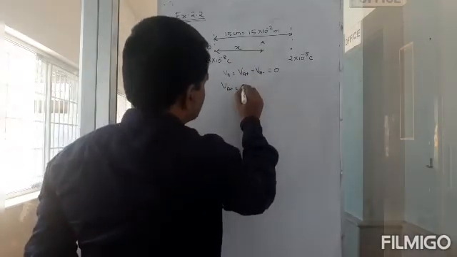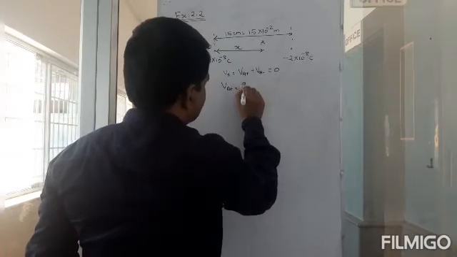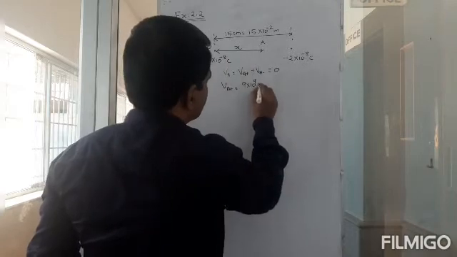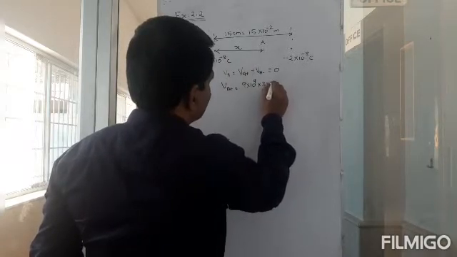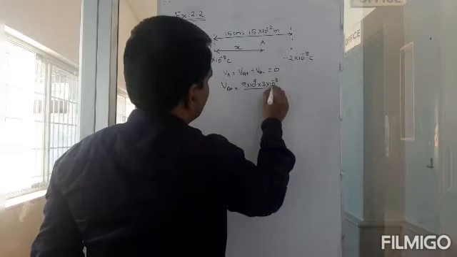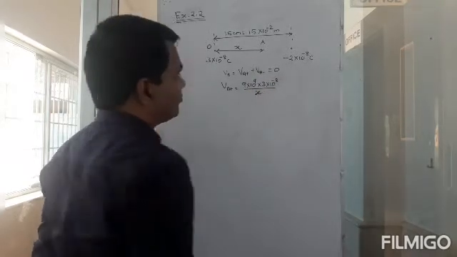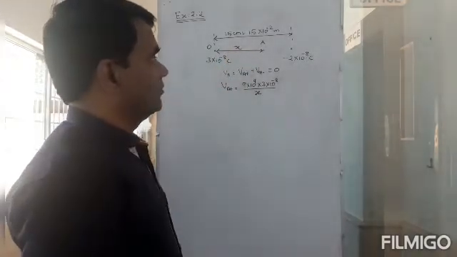So K is 9 into 10 power 9. What is Q? Q is 3 into 10 power minus 8. So divided by what is R? R is x. That is the R.